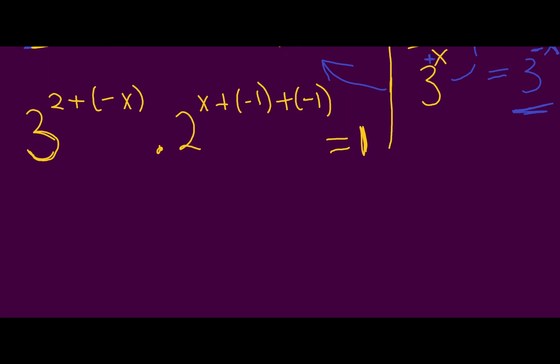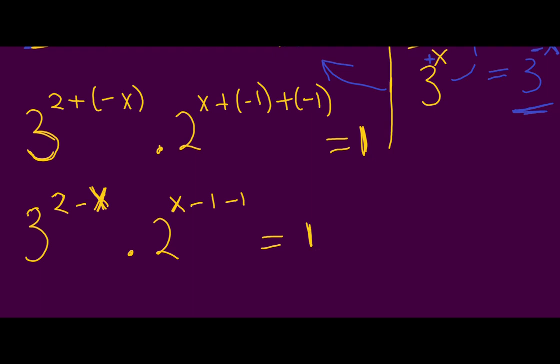So it's 3, 2 plus minus x is going to be 2 minus x, right? 2 minus x times, we're going to add up this exponent, so we have 2x minus 1 and minus 1, right? All of this equals 1.